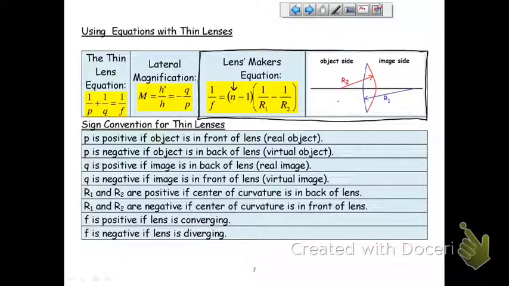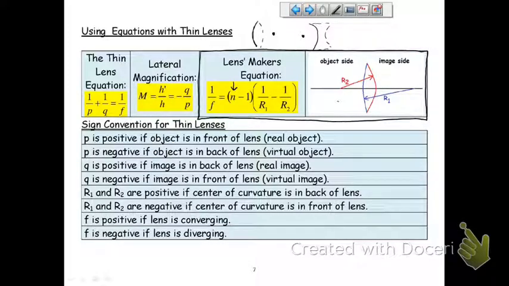Now, look at your lens. The first surface in a converging lens has the center of its radius behind. And the first surface for a diverging lens has the center of curvature in front.